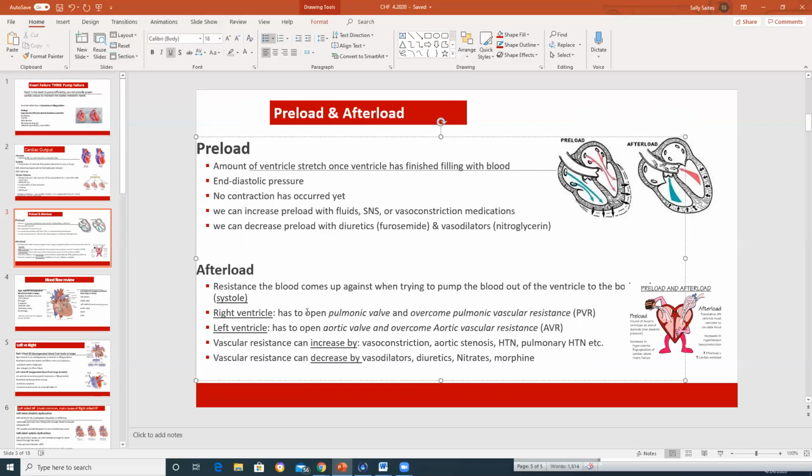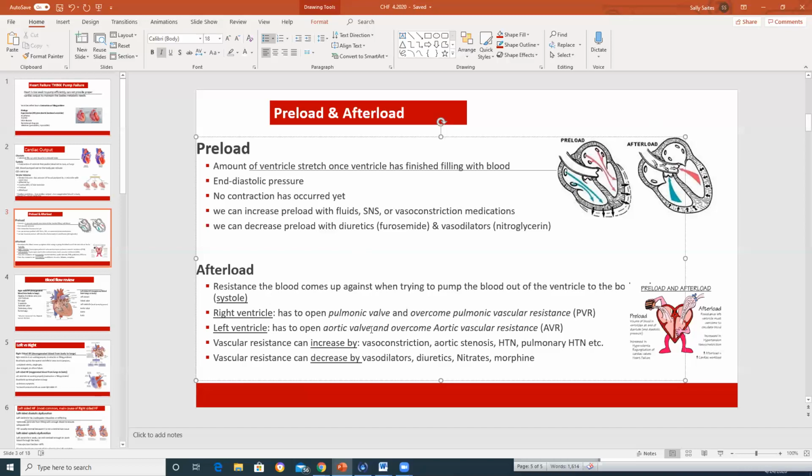The right ventricle has to, with the pressure, open up the pulmonic valve and overcome the pulmonic vascular resistance, otherwise known as PVR. Okay, so if the right ventricle isn't pumping with a good amount of force, it will not be able to get all of the blood from the right ventricle into that pulmonary artery. Okay. The left ventricle, same thing.